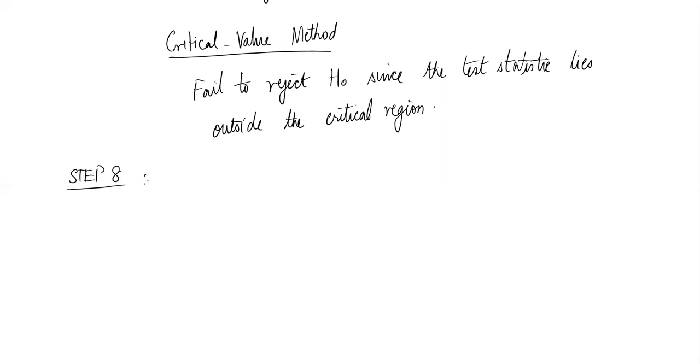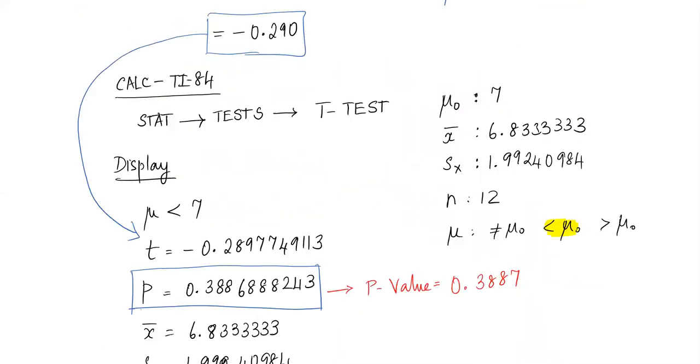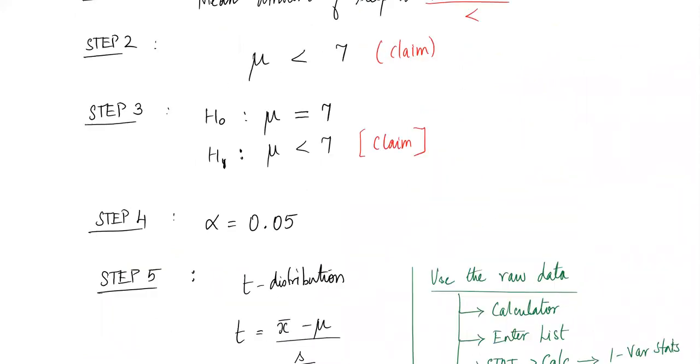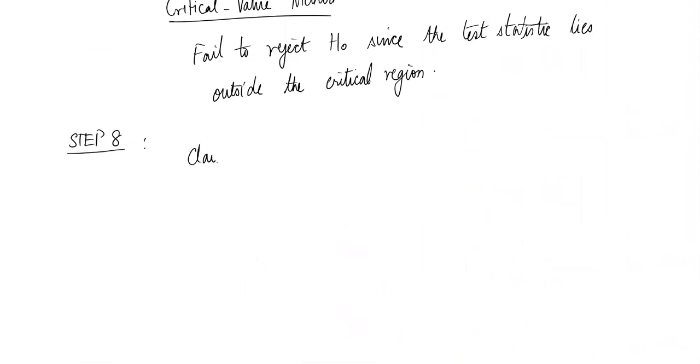Step 8. For the conclusion, I have to see where my claim resides. So I'll go back here. Claim is in H1, from step 3.